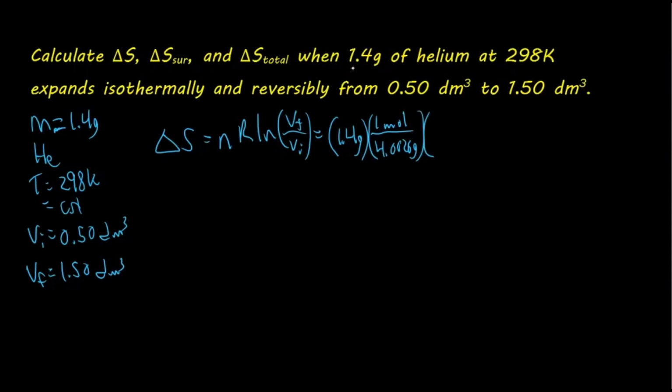The gas constant R is 8.3145 joules per mole Kelvin. You want to use R with joules because entropy is often reported in joules or kilojoules per Kelvin. So this is the good one to use. And then ln of 1.50 decimeter cubed over V initial, 0.50 decimeter cubed.